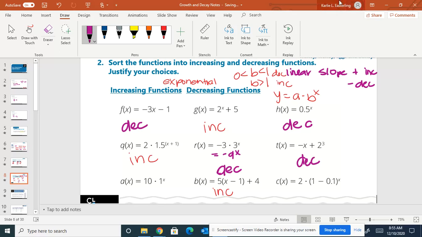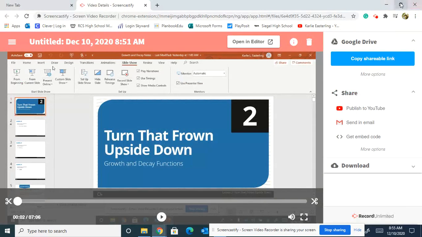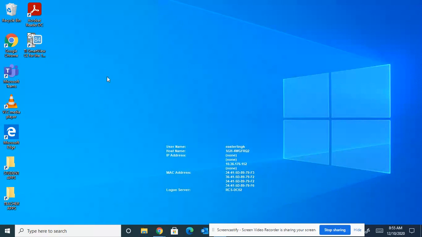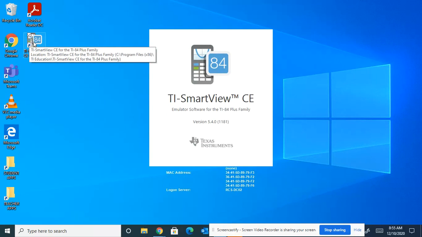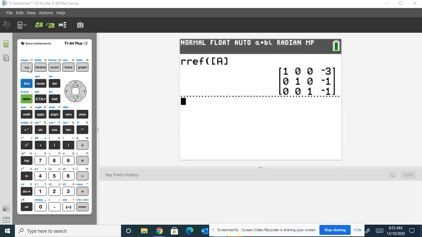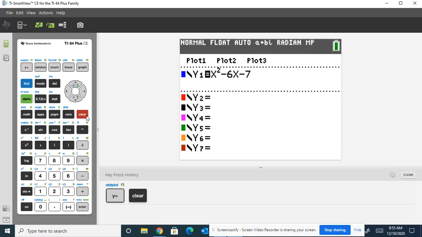Whenever it's something that's confusing that you may not know, I would recommend coming to your calculator. Let's graph this one real fast. If you can't look at it and it's obvious which one it would be, because this negative 3 times 3 to the x is a little confusing, let's plug it into the calculator and look.